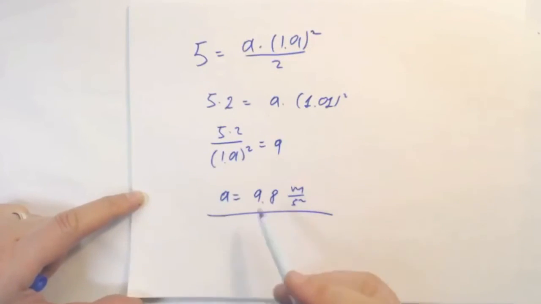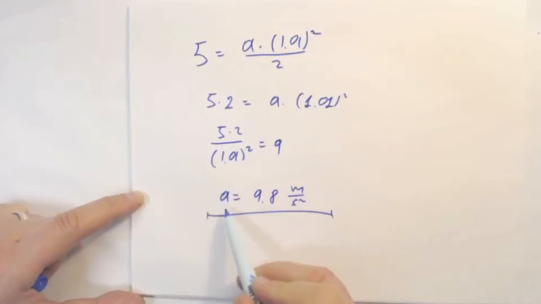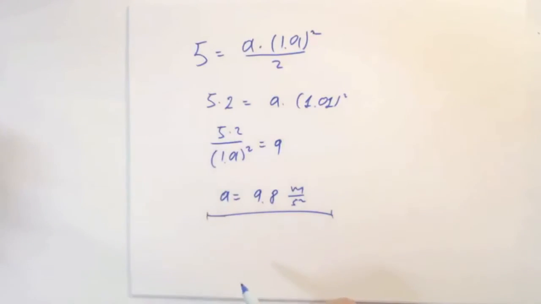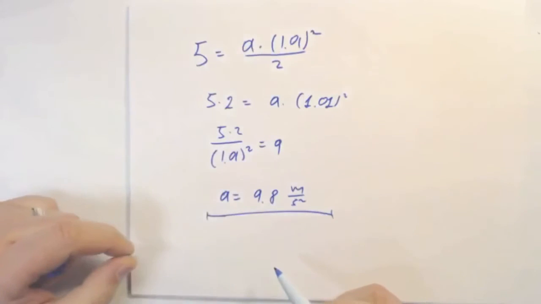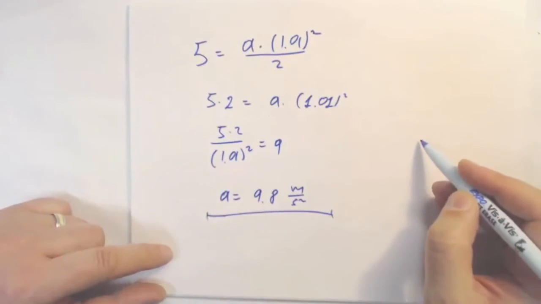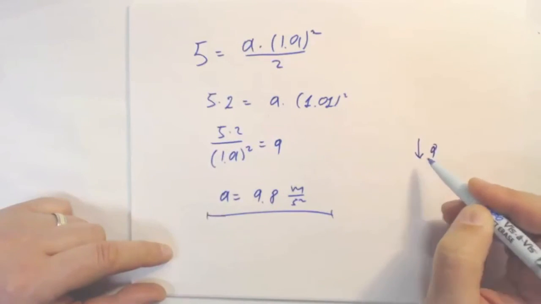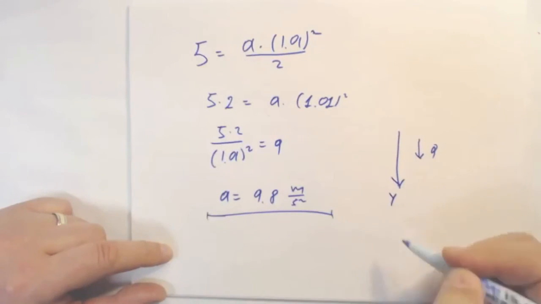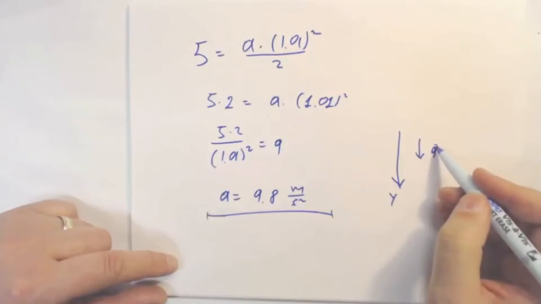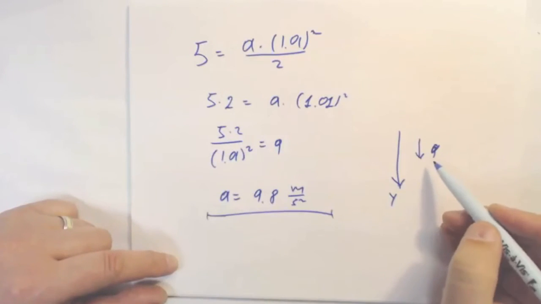And again, we said that in our original equation, a represents the y component relative to the positive y direction pointing down.